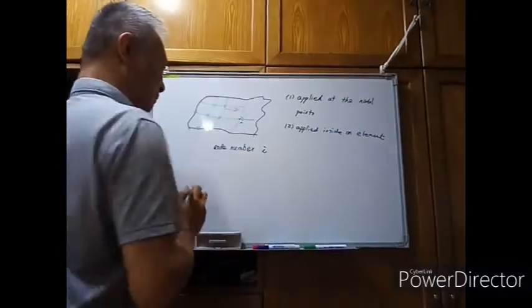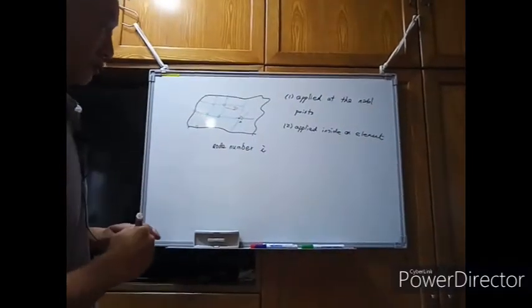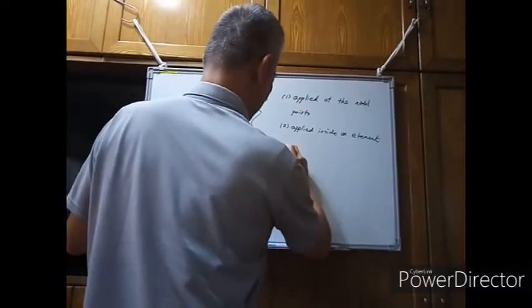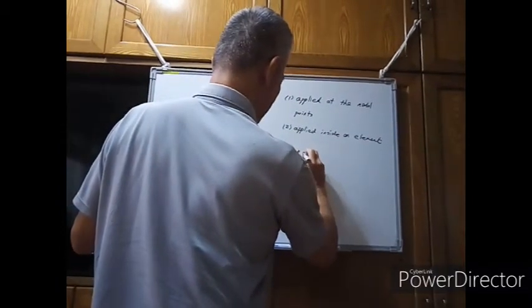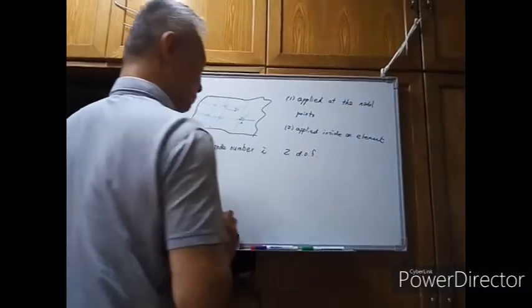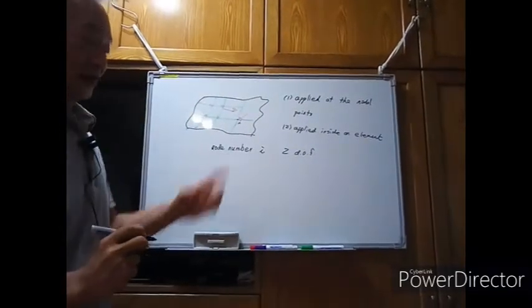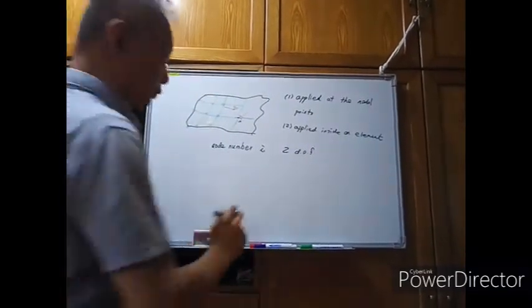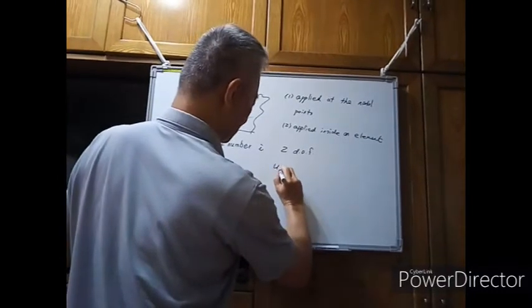For the node number I, there are 2 degrees of freedom. Okay, for the plane space analysis, we have 2 degrees of freedom for each nodal point. They are the UI and the VI.